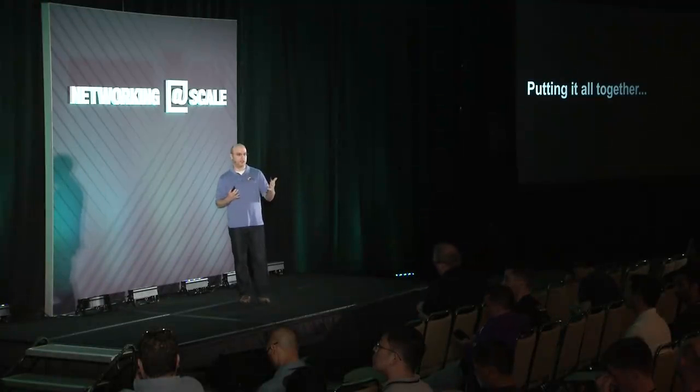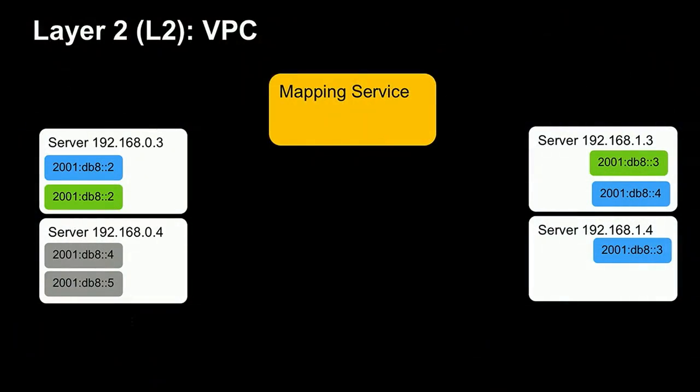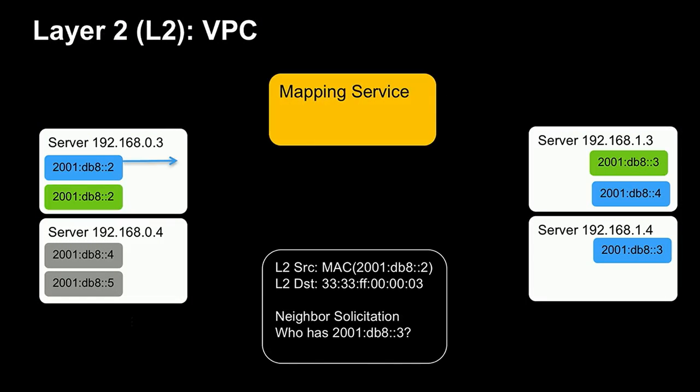So let's put it together and take a look at how these things connect when we actually look at what happens, again, under the hood at the substrate. So I've got a bunch of systems that have been launched. I've got my blue, green, and gray VPCs. Let's take a look at the layer 2 case. So I want to send a packet to db8::3. Source MAC address is the MAC address of the 2 instance. It's going to make essentially a neighbor solicitation for that address on the multicast for the solicited node.